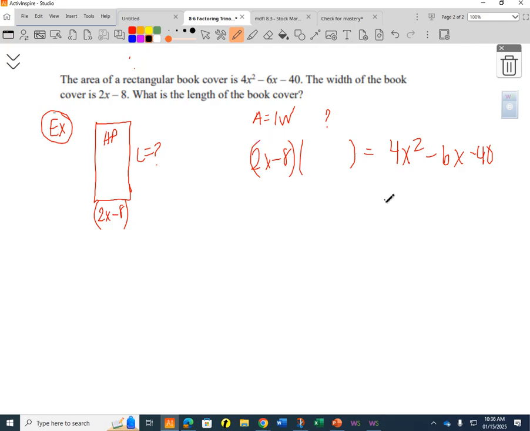There may be a shortcut here. So I told you when we factor, we always look through here and see if there's a common factor. Is there a common factor on all those terms? There is, right? There's a 2. But this is the exception to that rule. We're not going to pull out a factor because we only can have 2 factors.